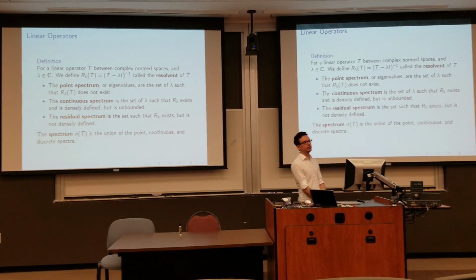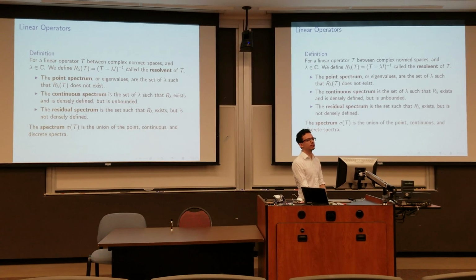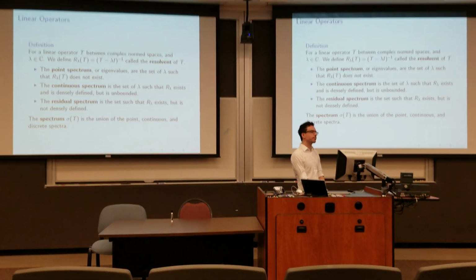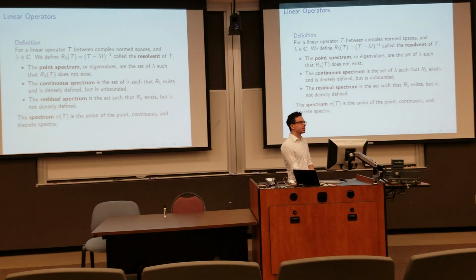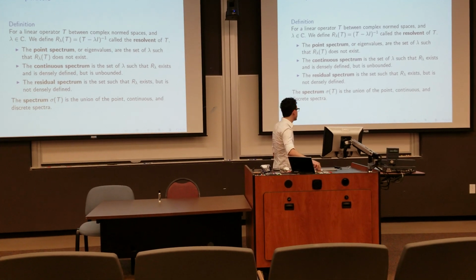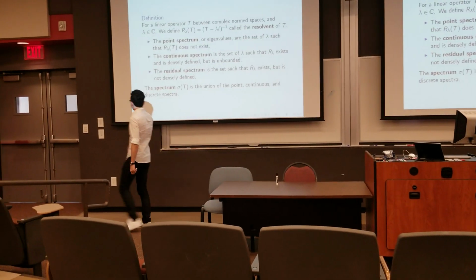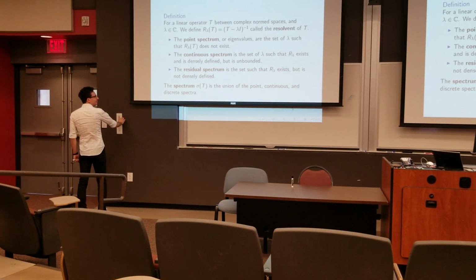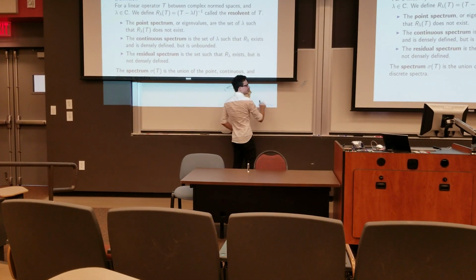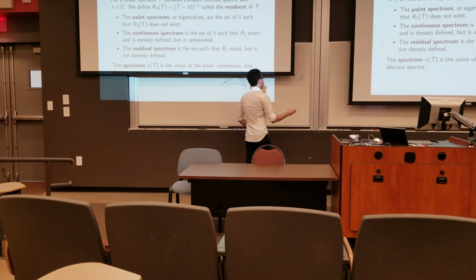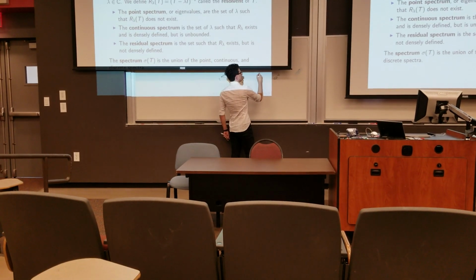For the position operator, you can see what it does by testing it on a delta function, right? You see it spits out exactly what a delta function is. Is there an example like that for the momentum operator? Yes. The quote unquote eigenvectors of the momentum operator are e to the i lambda x.